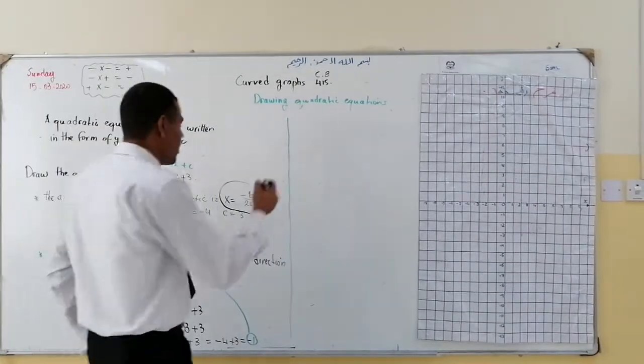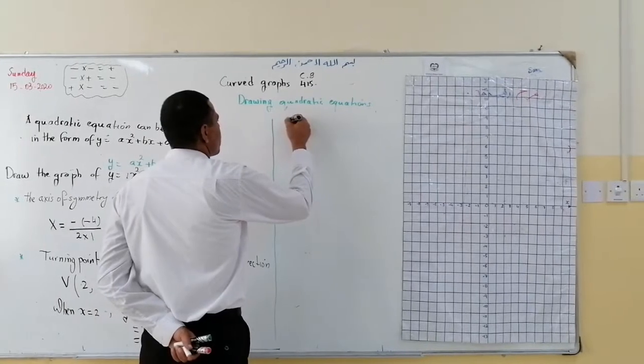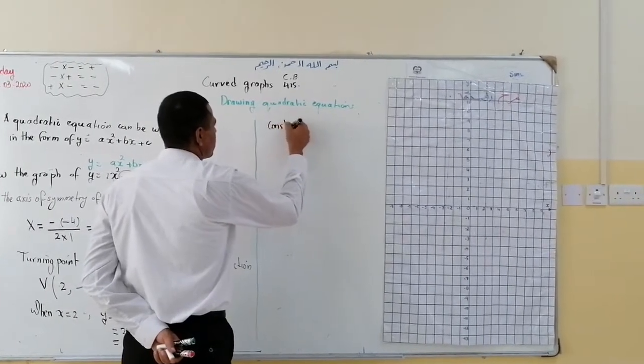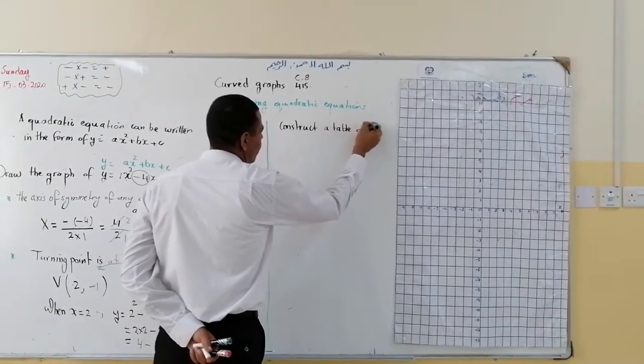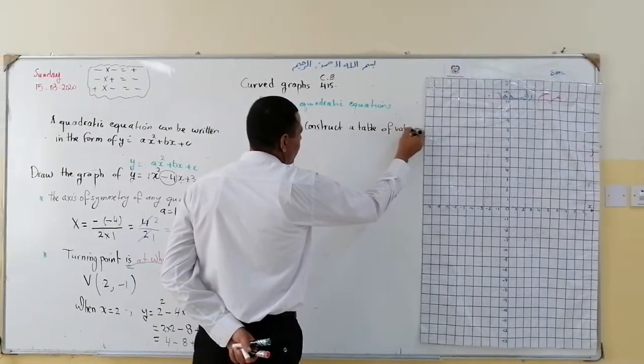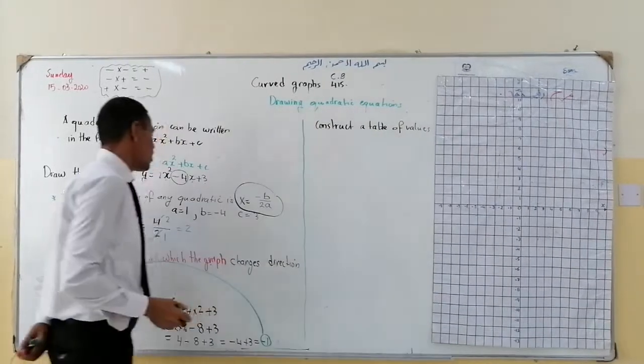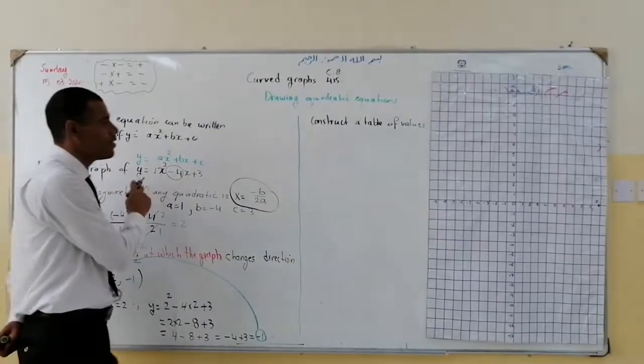I will just write here: construct a table of values for each quadratic equation, for this one, okay?